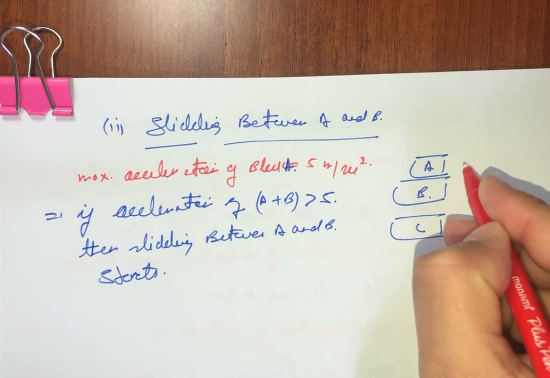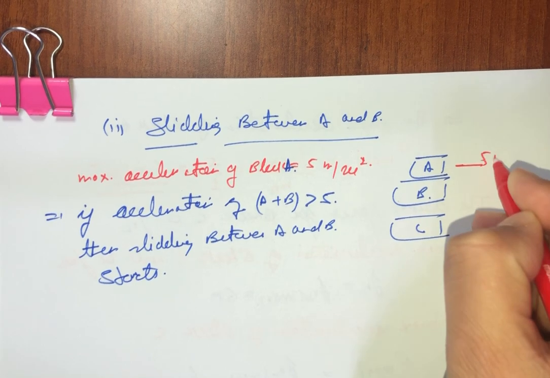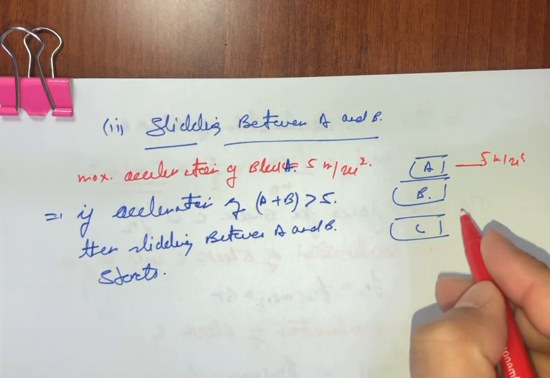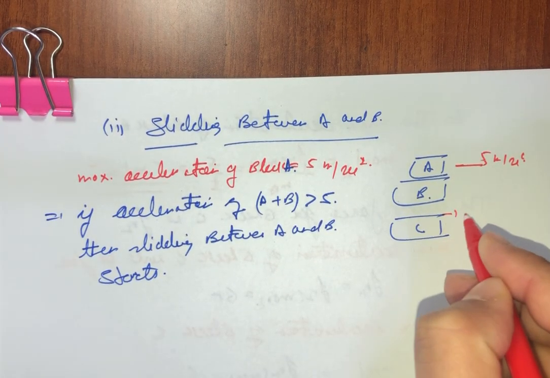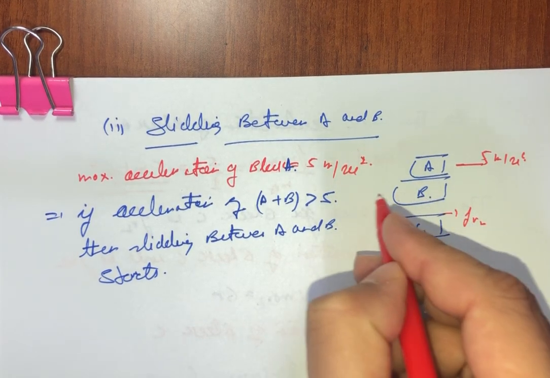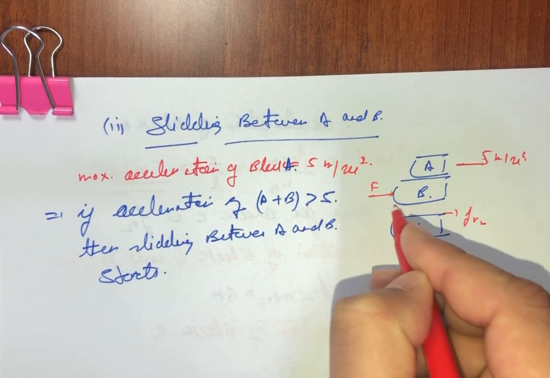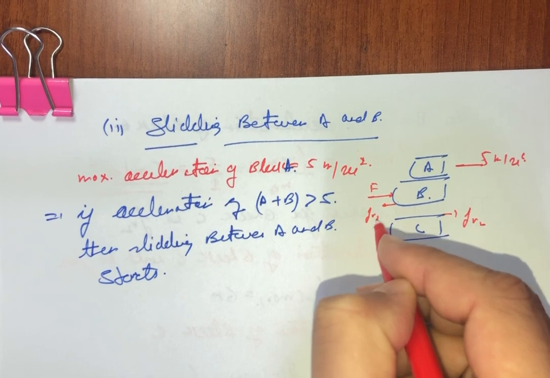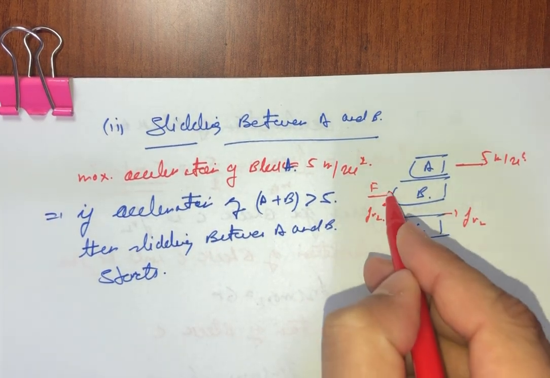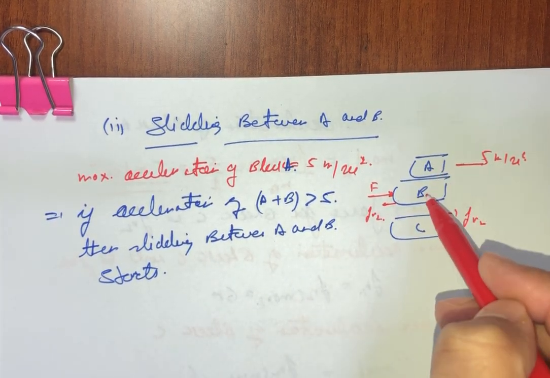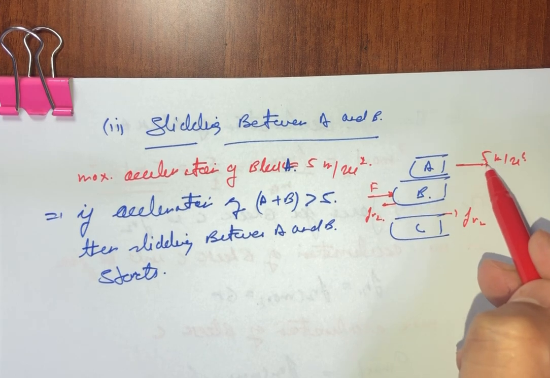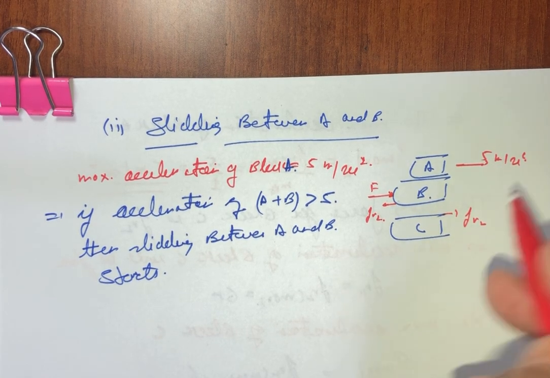So from here we can say this is the acceleration of 5 meter per second square, and we have here Fr2, and this is applied force F. The acceleration of combined A plus B should be greater than 5 meter per second square.